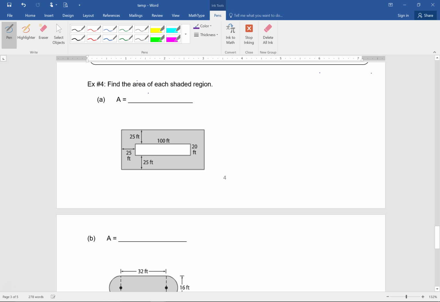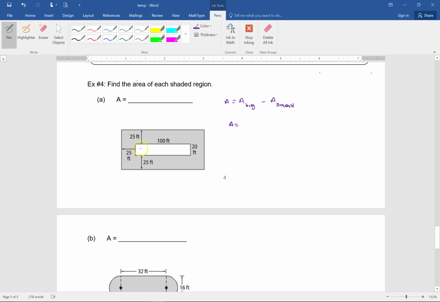Do we know how to find that? We sure do. Okay. What is this here? Area of the big rectangle minus the area of the little rectangle, right? Okay. So how do we find the area of the big rectangle?